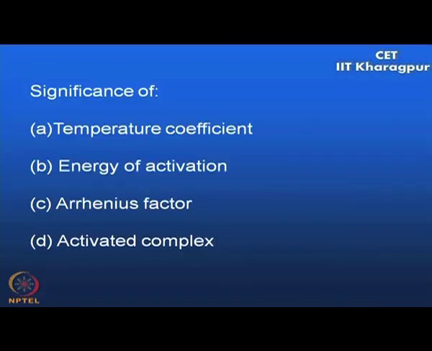That is, it is a higher energy state, and that higher energy state will eventually be transformed either to the product side or to the reactant side. If it crosses the barrier to the right-hand side, it means product formation, and if it comes back, it is a back reaction. I talked about reversible reaction, so it explains reversibility also.